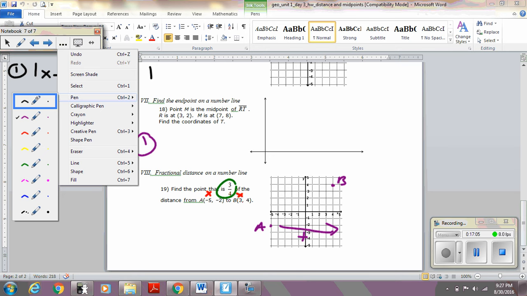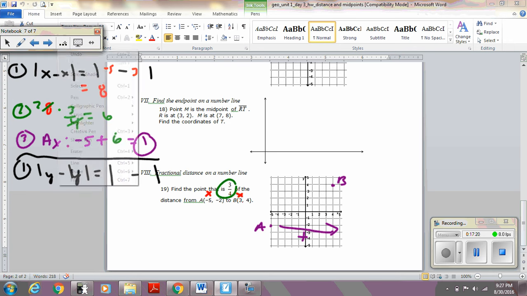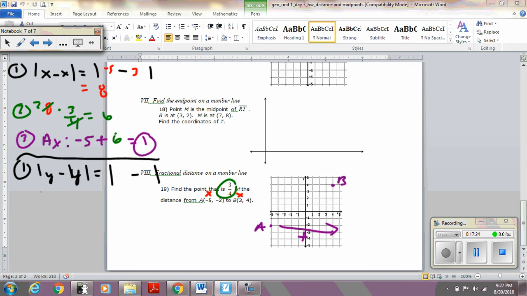Now we do the same 3 steps to find y. So again, it'll be y minus y. The y values are -2 and +4. So the distance is 6.